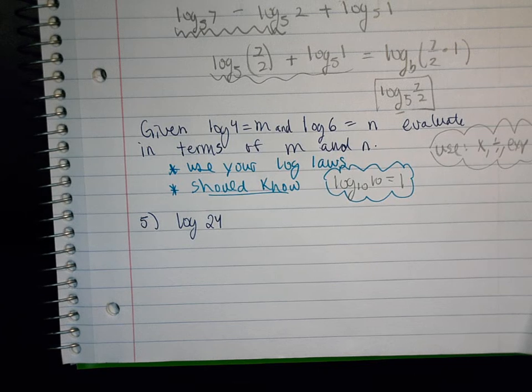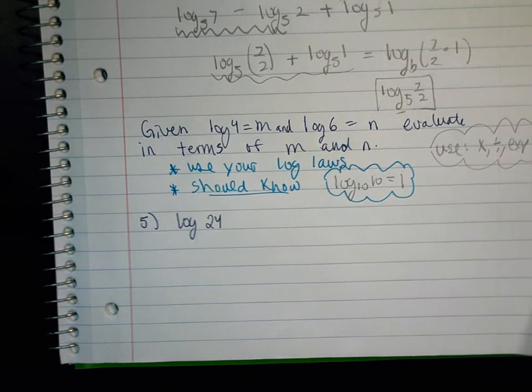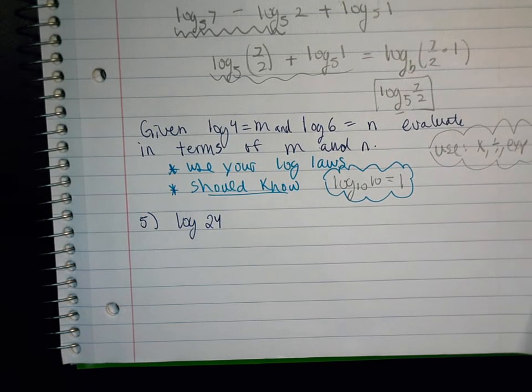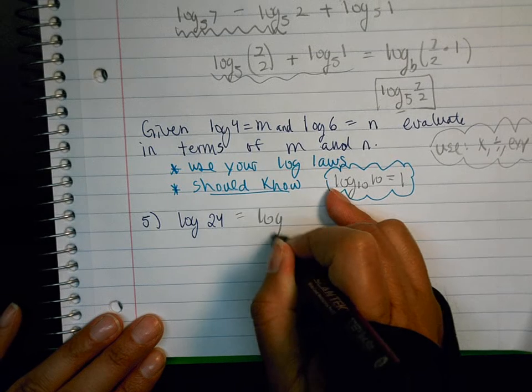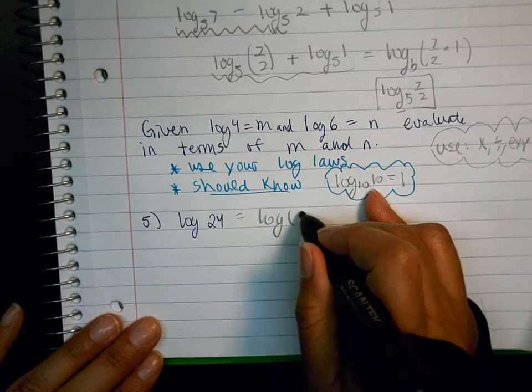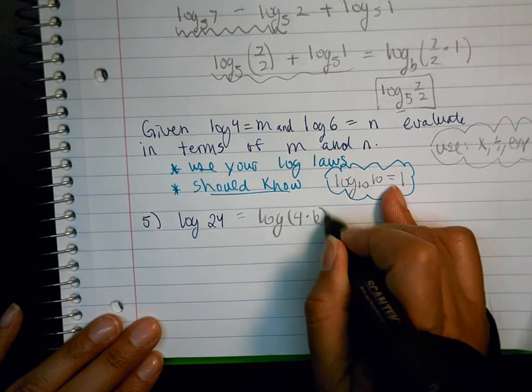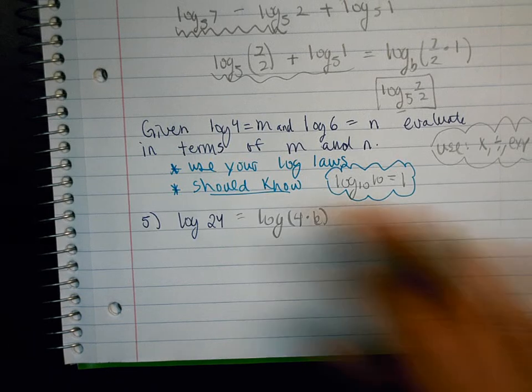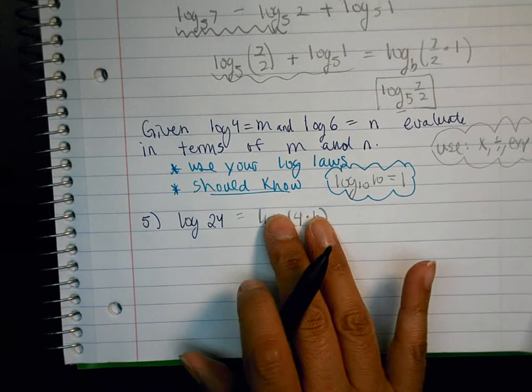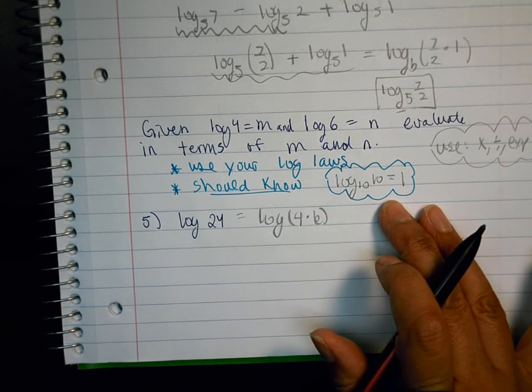Rewrite log of what times what? 4 times 6. Is 4 times 6 24? Now the mistake kids make is, oh, my answer is m times n. No, your answer should not have multiplication. We only use that in our workspace. Your answer should have addition or subtraction, something like that.